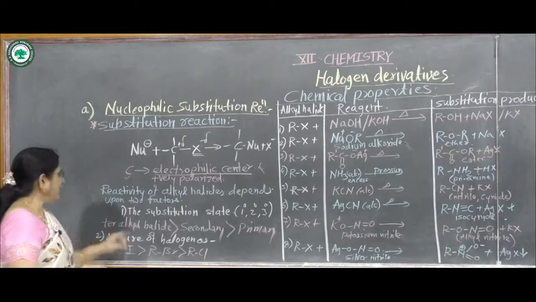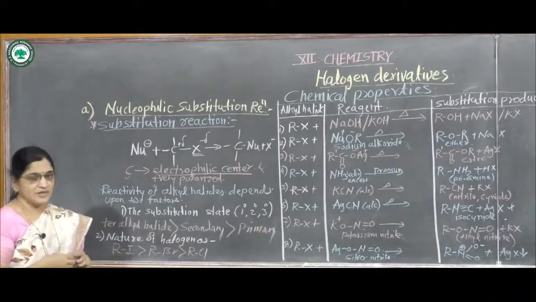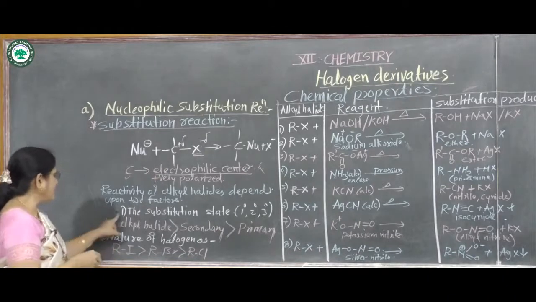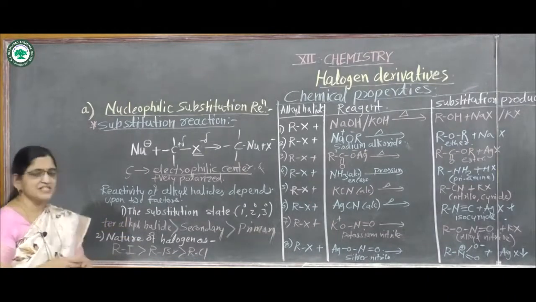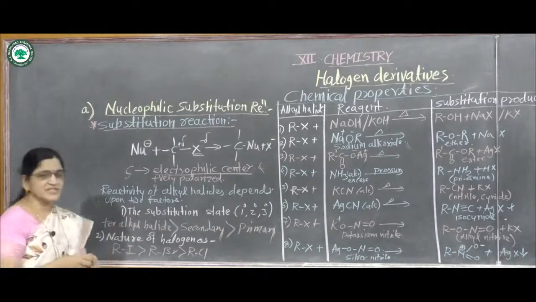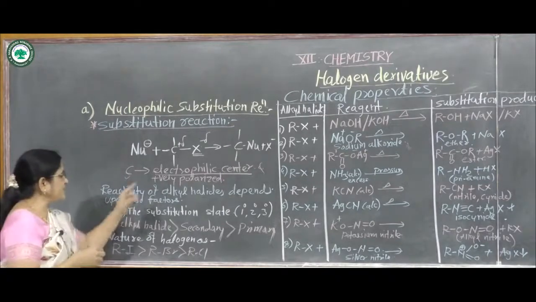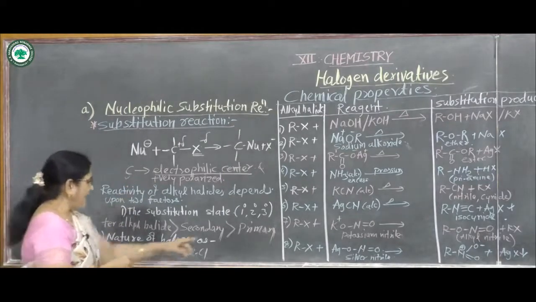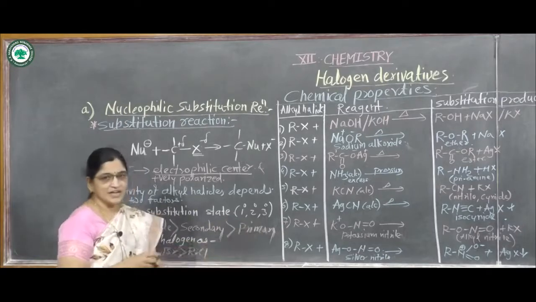Then the reactivity of alkyl halides depends upon two factors. Which two factors? The first one is the substitution state. That means whether the substrate is primary, secondary or tertiary.